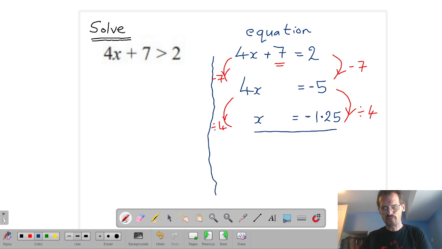Now, that's all fine when it's an equal sign in the middle, it's just an equation. When it's an inequality sign, we literally do it exactly the same way. In fact, if you want, you can just scribble over the top there, make it an equals, same steps. So we're going to take away 7.